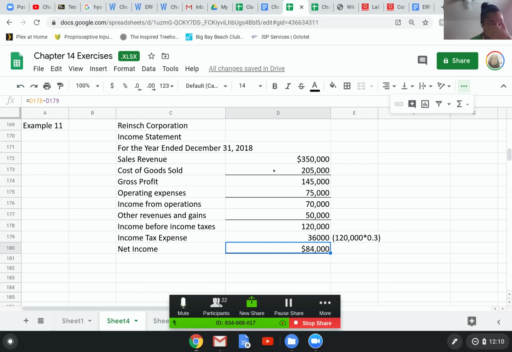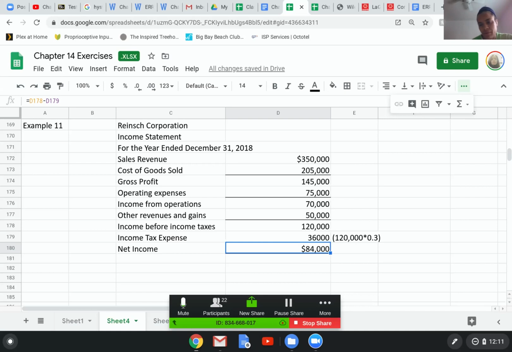Questions on any part of this income statement? I'm just giving, for anybody who still needs time to write this down, I'm going to give you time to write it down.